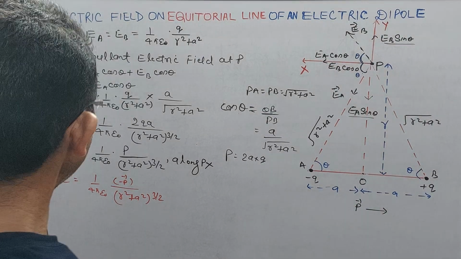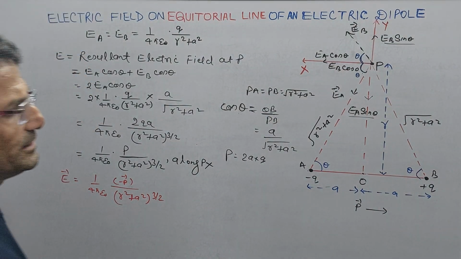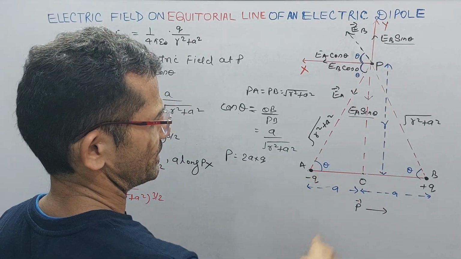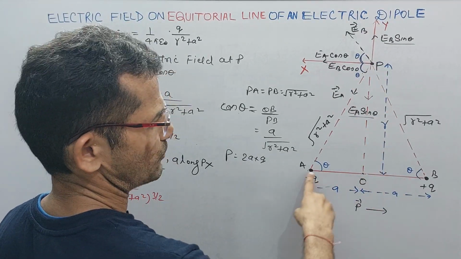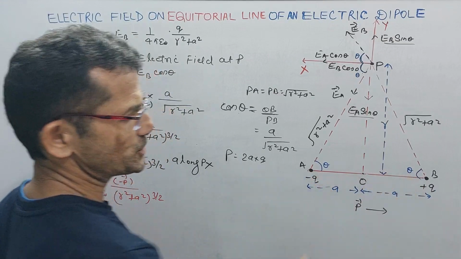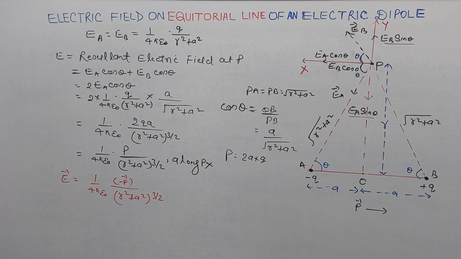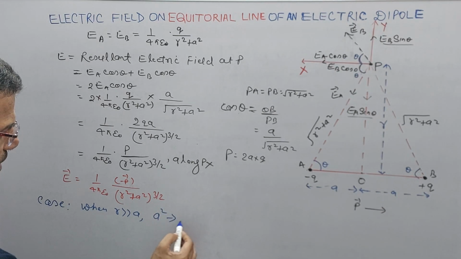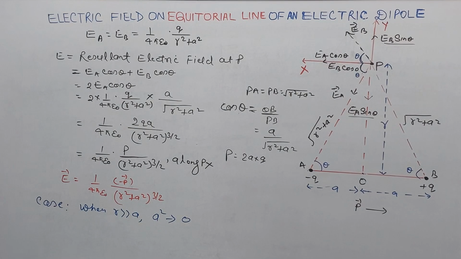Now a new case arises where r is very much greater than a, because a is very small; twice a, which is the distance between minus q and plus q, is very small. So we take this condition, the case when r is much greater than a. Then in that case, a square tends to 0, a square will be a very small value.